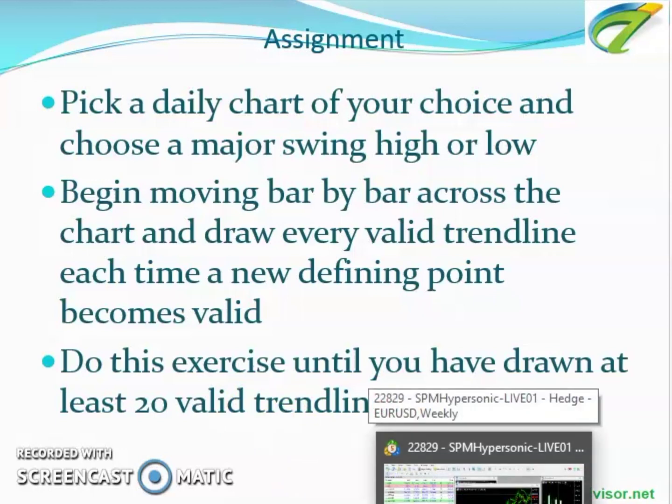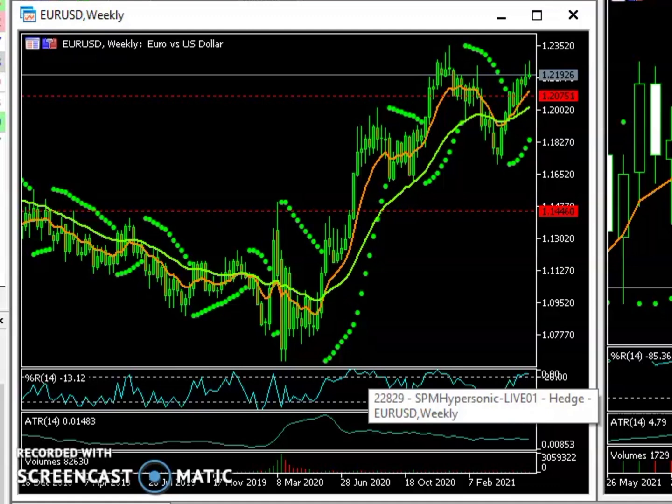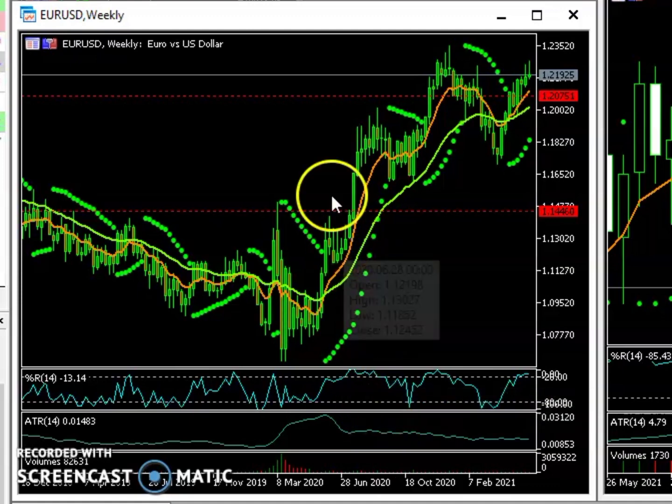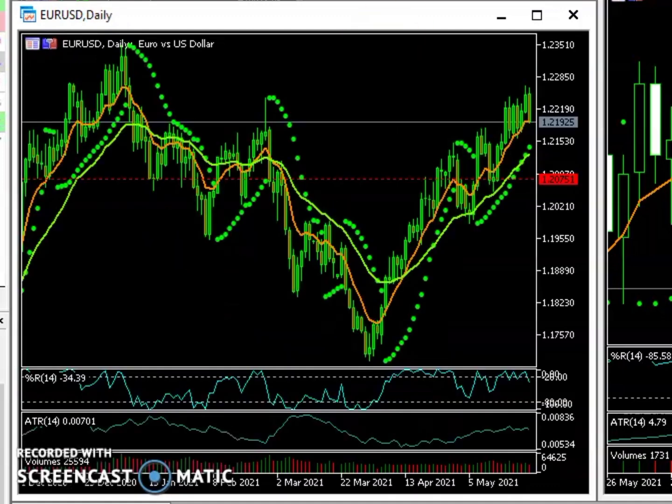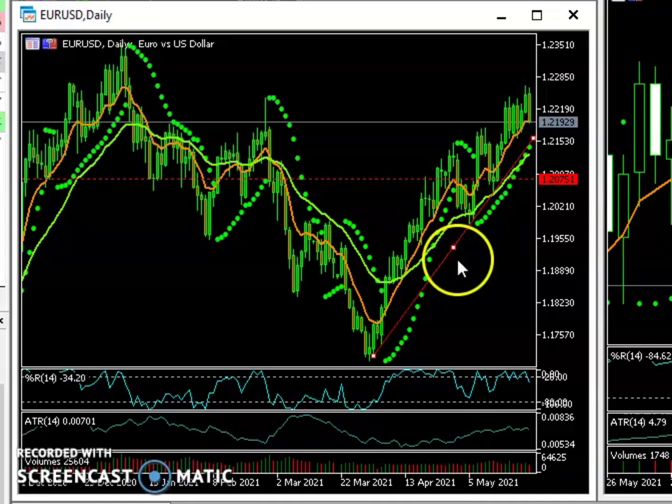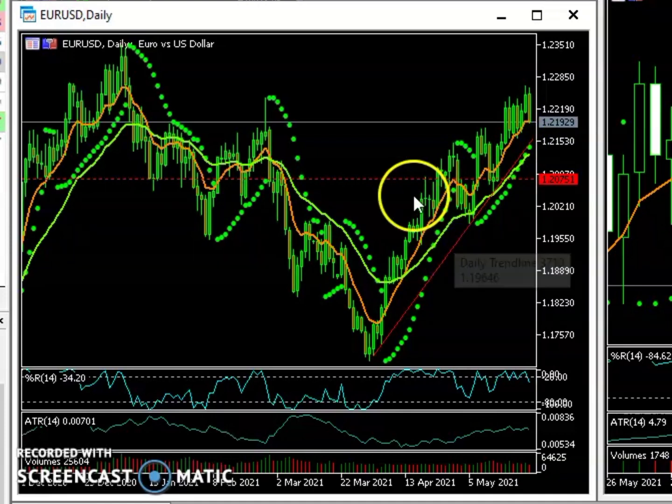Let's do this assignment together. Here you can see it's a daily chart of EUR/USD. So now it's upward sloping, right? From this point we will draw a trend line based upon what we have studied, which is this.